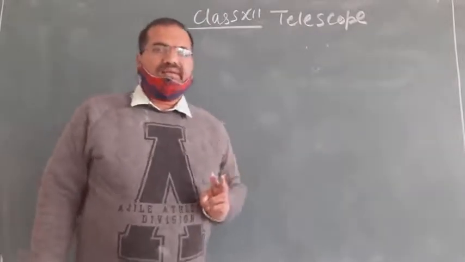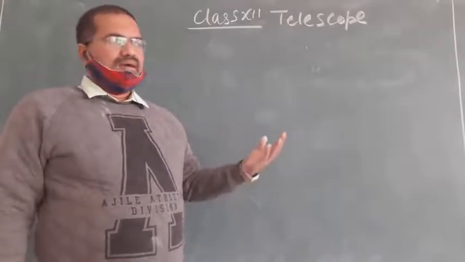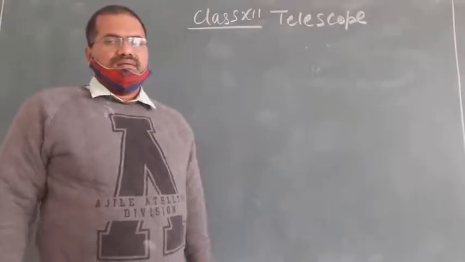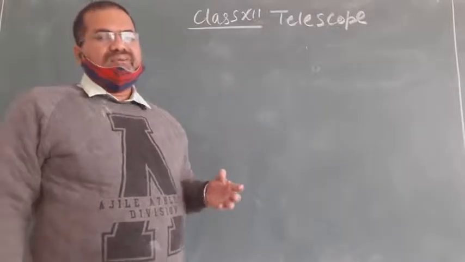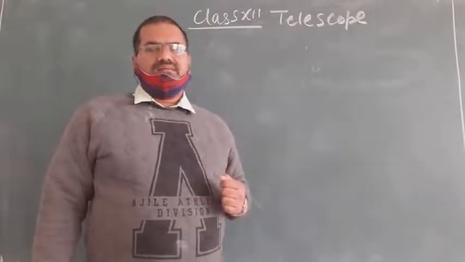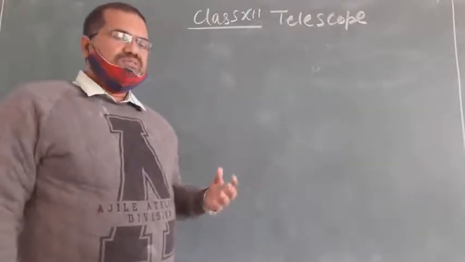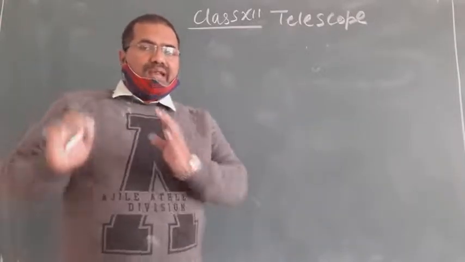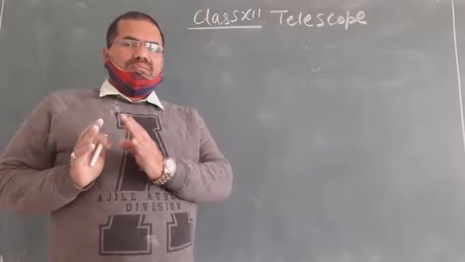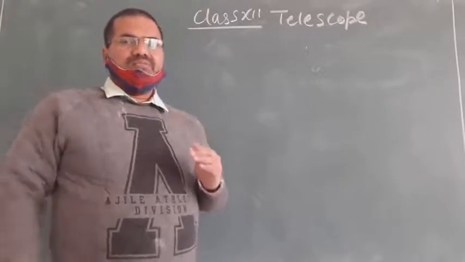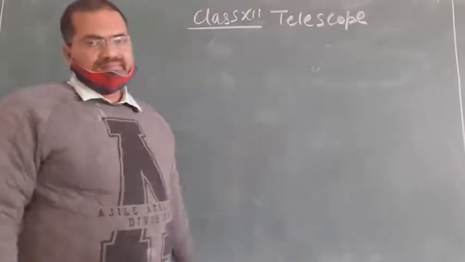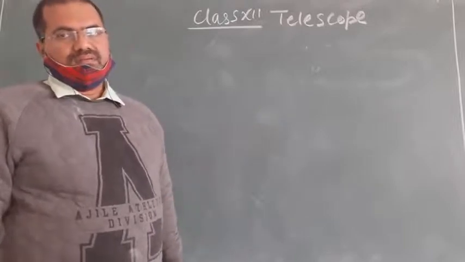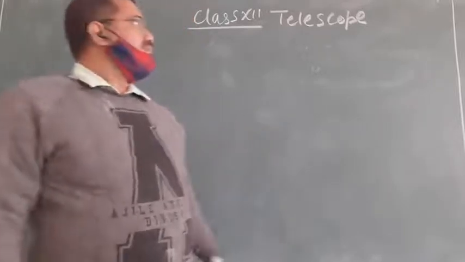One is the objective and the other one is the eye lens. The objective is in front of the object and the eyepiece is closer to the eye. So more light is required to make a clear image, so the objective should be greater than the eye lens. Write it down.